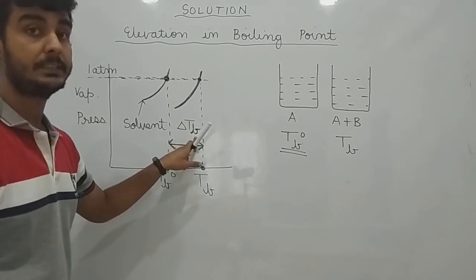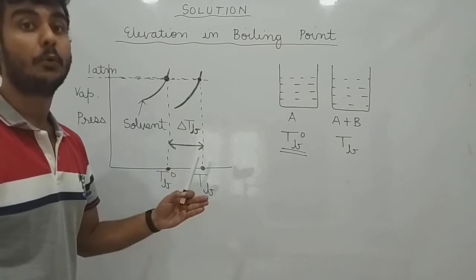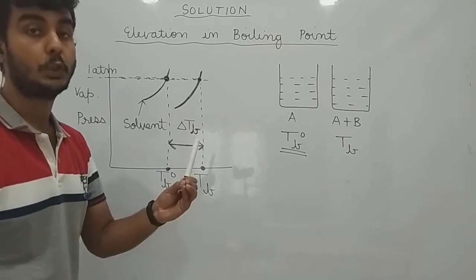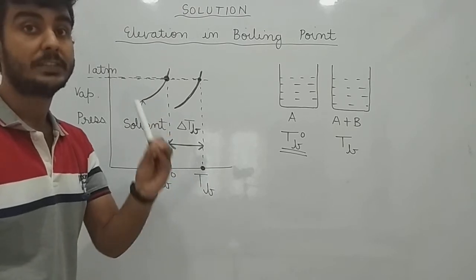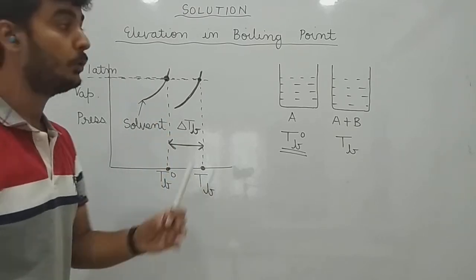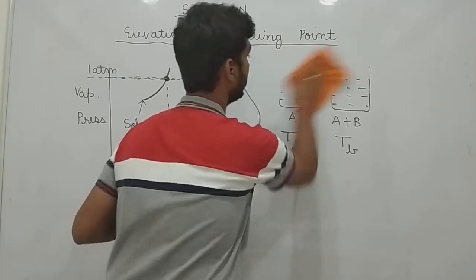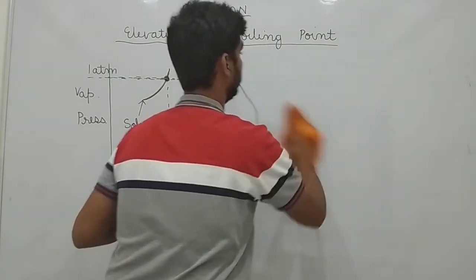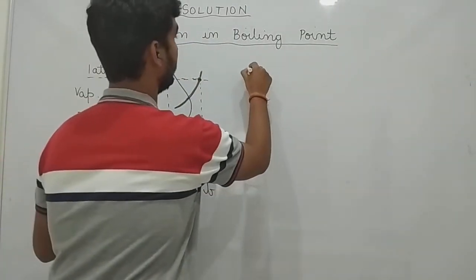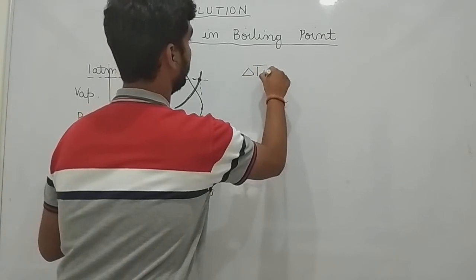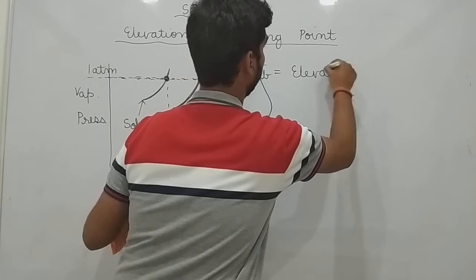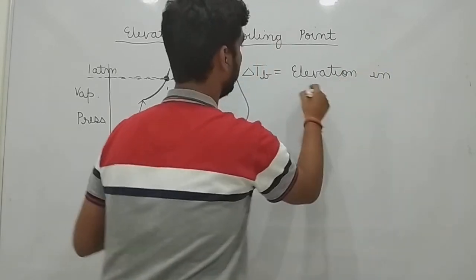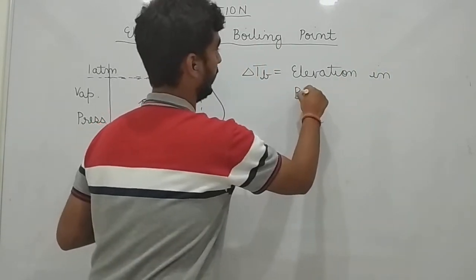Delta Tb, that is elevation in boiling point, is directly proportional to what? Is directly proportional to molar concentration of solute in the solution. Remember. So delta Tb represents what? Delta Tb is elevation in boiling point.